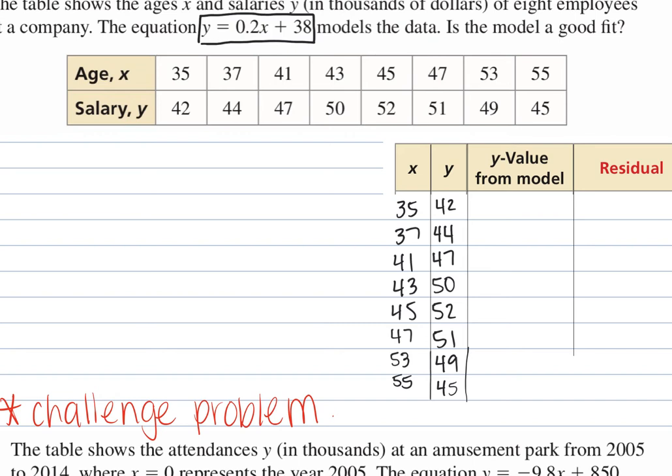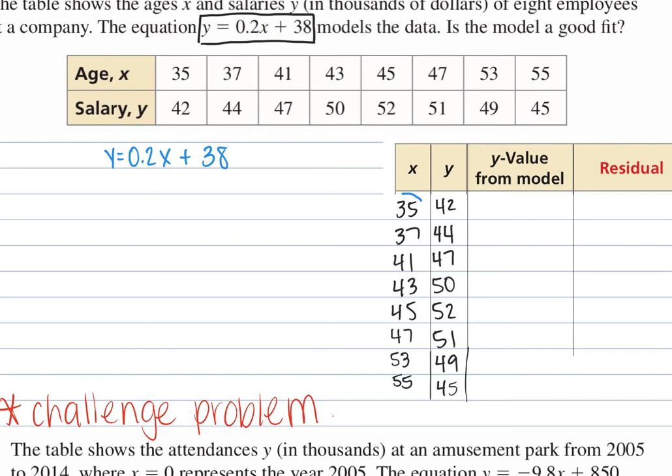Now, we have to use my model in order to find the third column, okay? So each of those X values, you're gonna plug into your model and see what your Y value is. Then you're gonna calculate the residual, okay? All right, so our model is Y equals 0.2X plus 38.